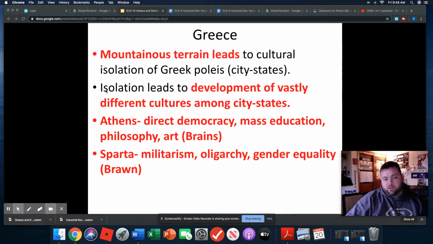So we spend the first part of the unit talking about geography and the impact of geographic features on cultural diffusion, in this case, kind of preventing cultural diffusion. And then we get into a comparison between these two, kind of like a deep dive. For Athens, the first thing we talk about is the idea that we consider Athens the brains of the operation.